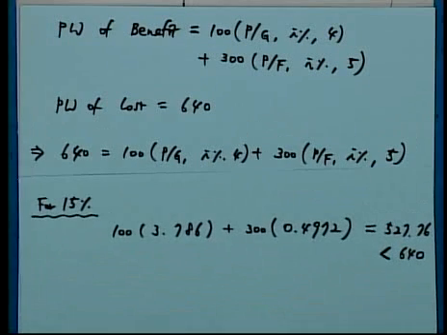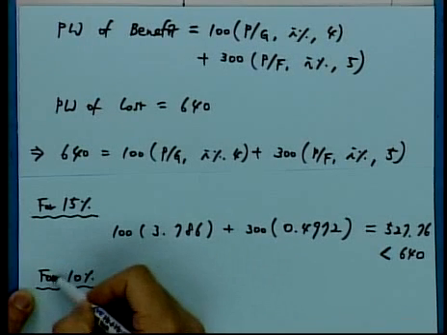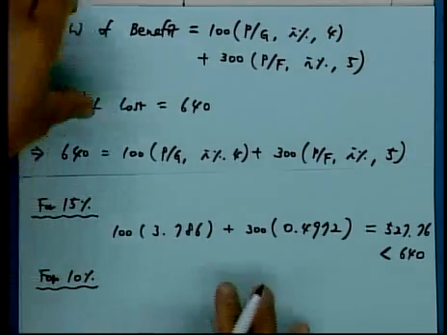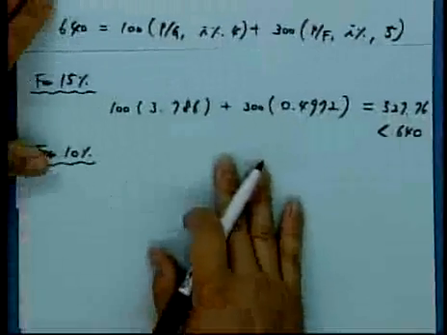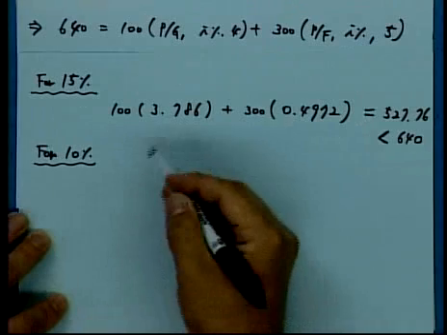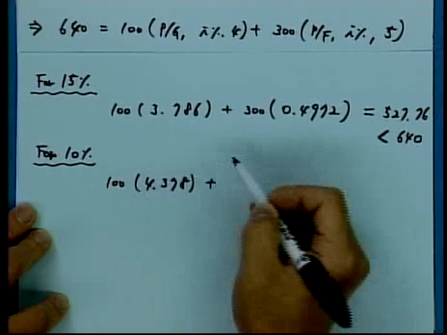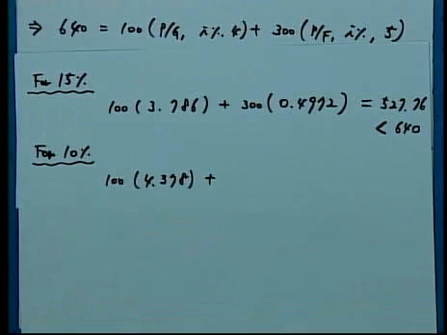So let's try 10%. The interest rate of 10%, P given G over 4 periods is 4.378. And P given F over 5 periods is 0.6209.